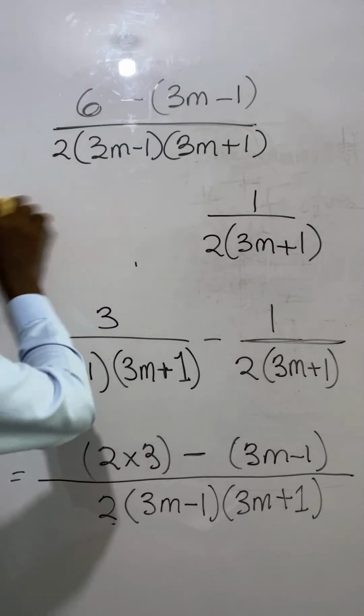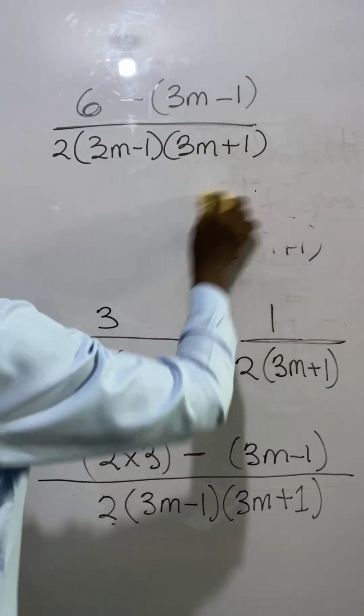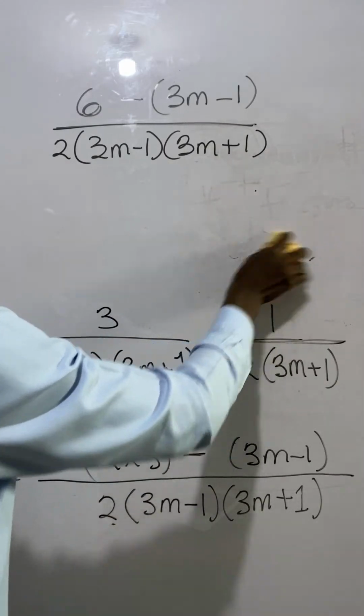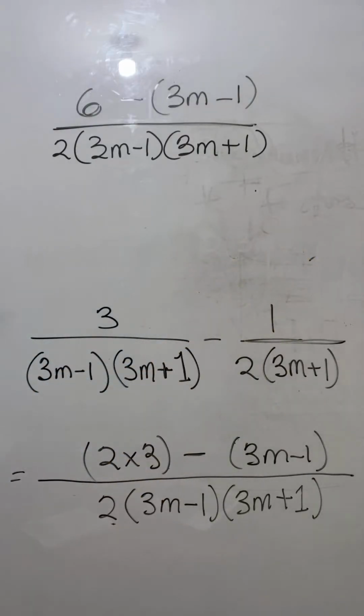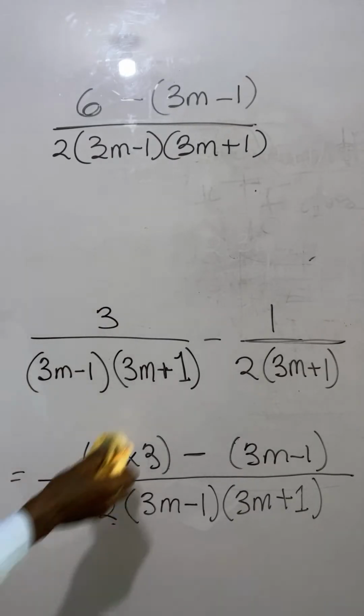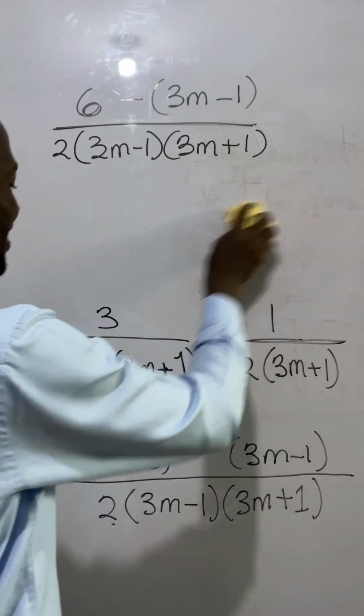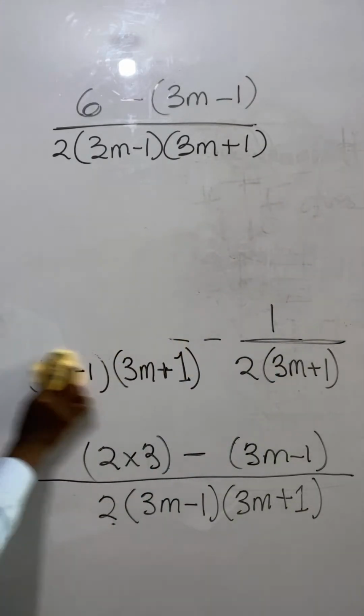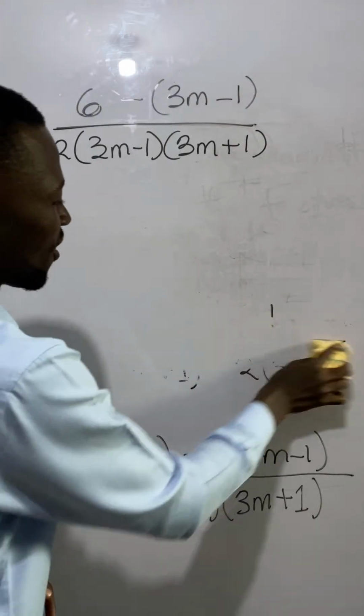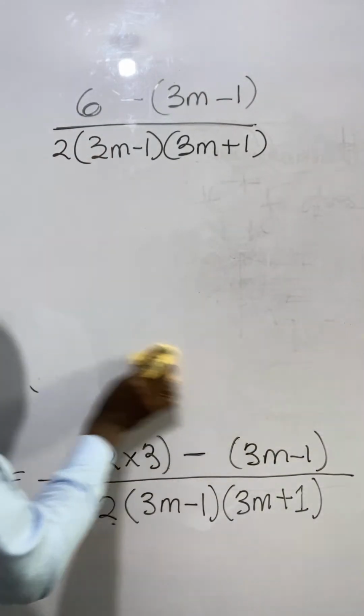Do you think there is a way we can proceed to simplify it further? That is a question, and I'm going to leave that for you to think about. Is this all how far we could get to?